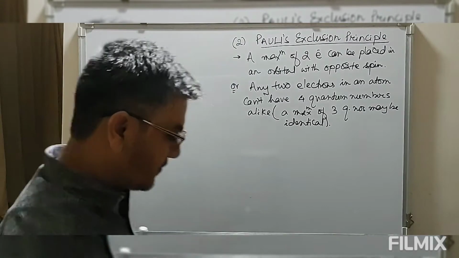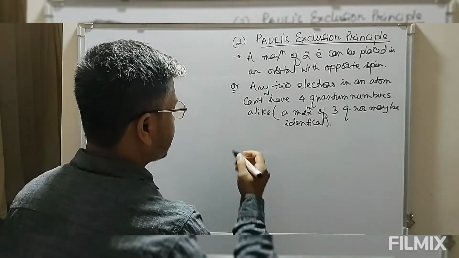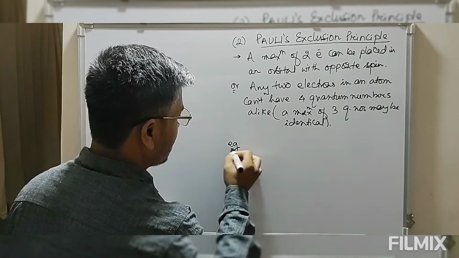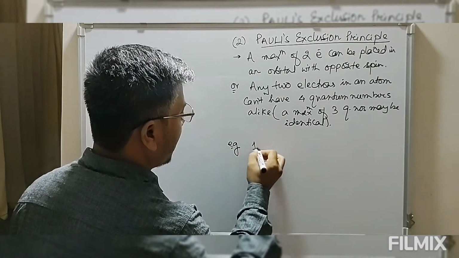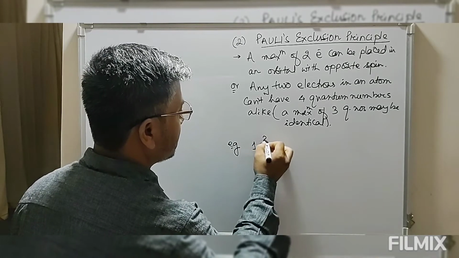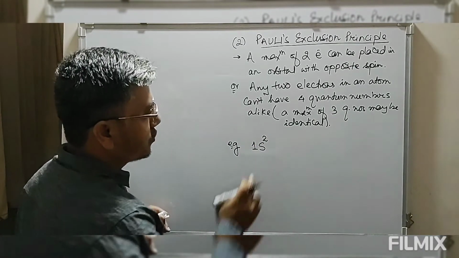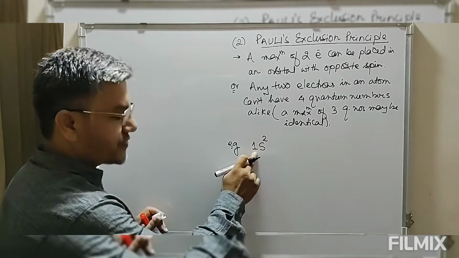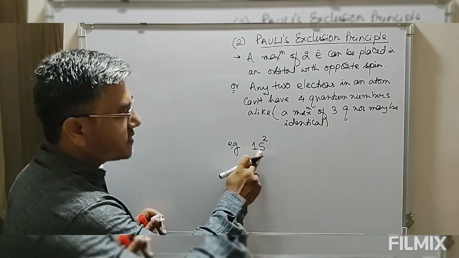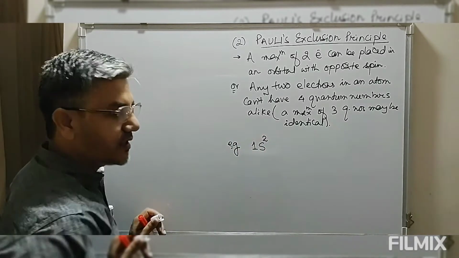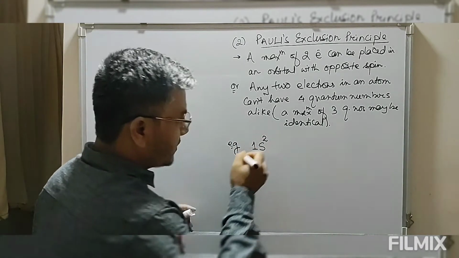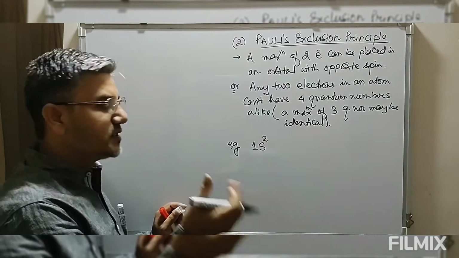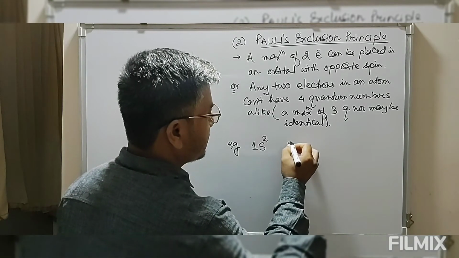Let's take this case: 1s2. This simply means 2 electrons are placed in the s orbital of the first shell. This is the shell number, this is the orbital, this is the number of electrons. If you look at this, we can represent these orbitals by a box.